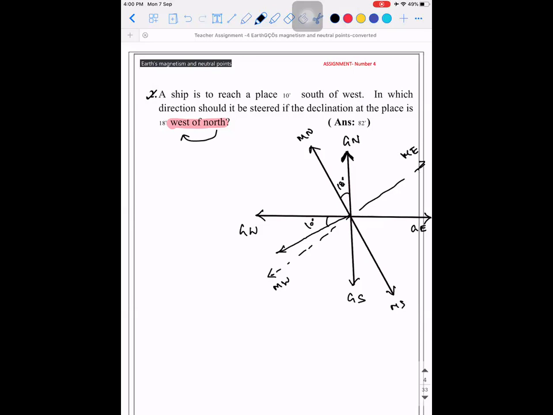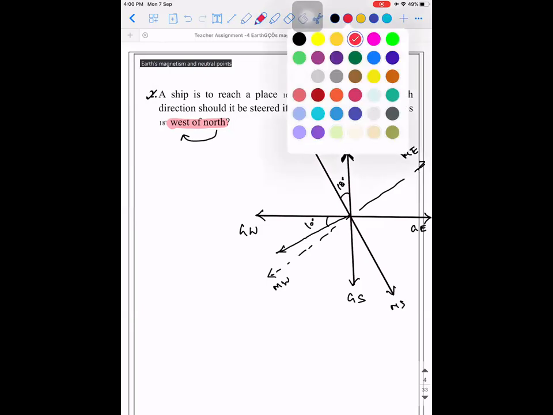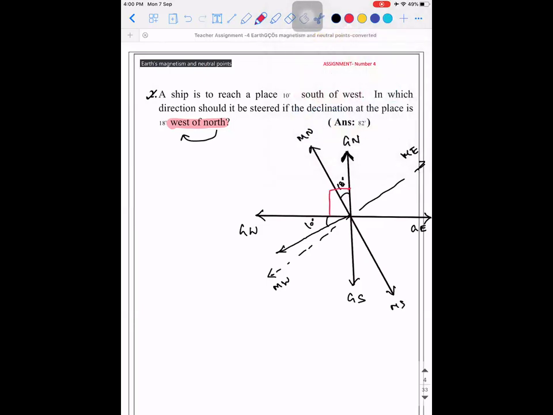With respect to the original direction, how much is it? 90 plus 10 first, minus 18. So 90 plus 10 is 100, minus 18 is 82 degrees. I hope it is easy.